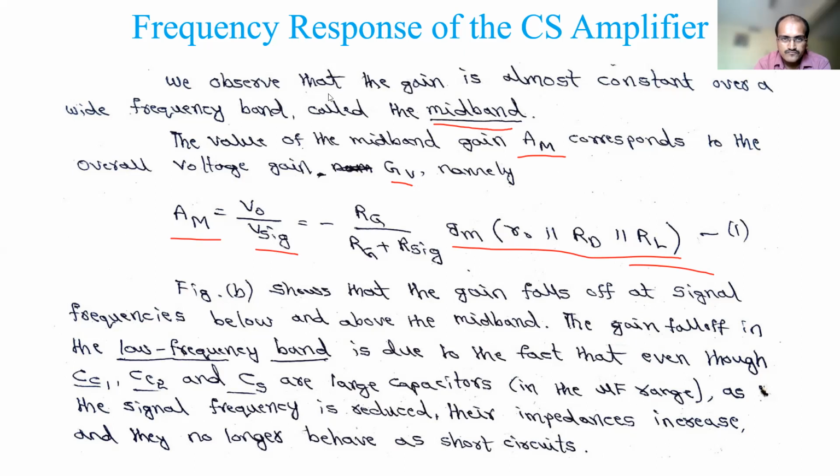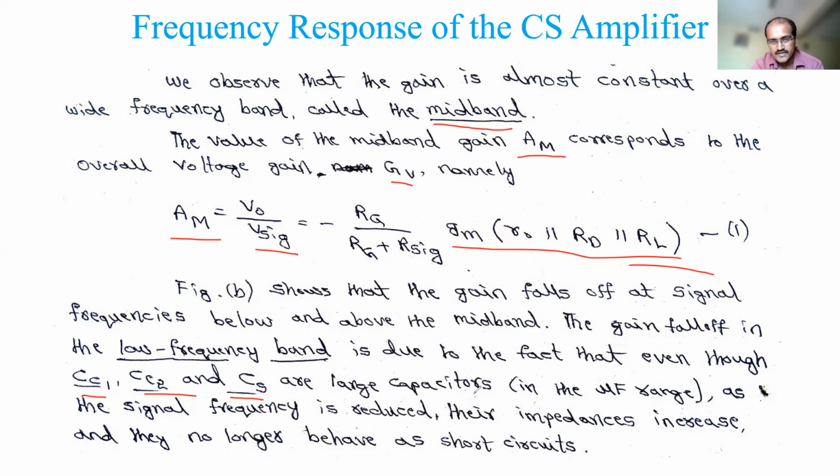Next, figure B also shows that the gain falls off at signal frequencies below and above the midband. The gain fall off in the low frequency band is due to the fact that even though CC1, CC2, CS, the coupling capacitors and the bypass capacitors, are large capacitors, normally in the microfarad range, as the signal frequency is reduced, their impedances will increase.